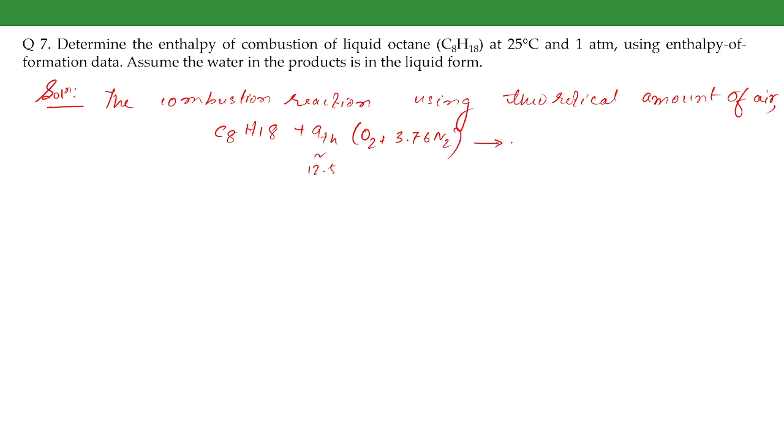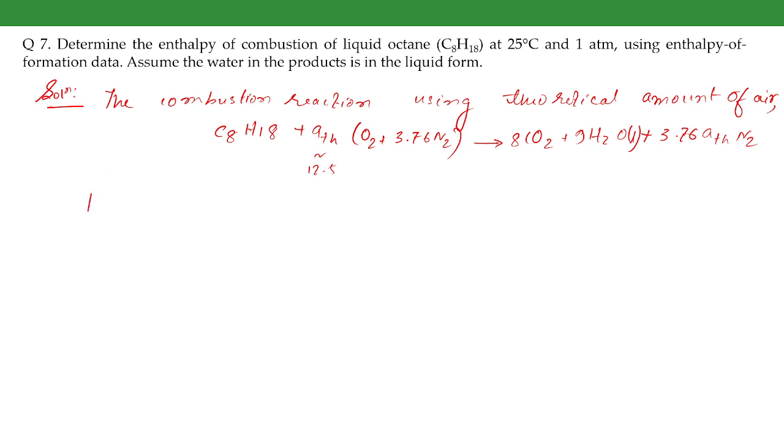It gives 8 carbon dioxide plus 9 water plus 3.76 times the theoretical nitrogen. And this is in the liquid phase. It has been mentioned to assume that the water in the product is in liquid form.